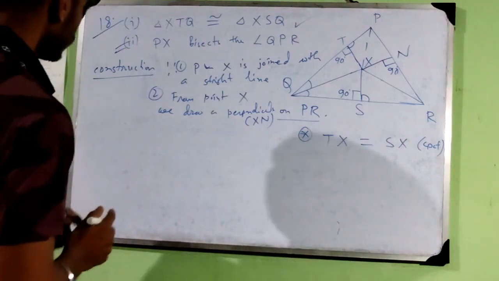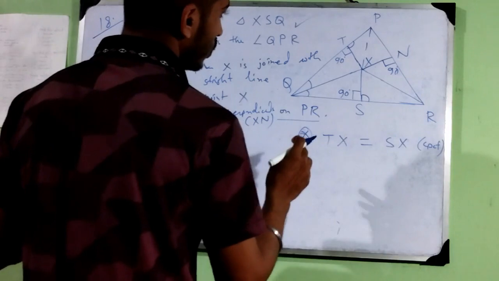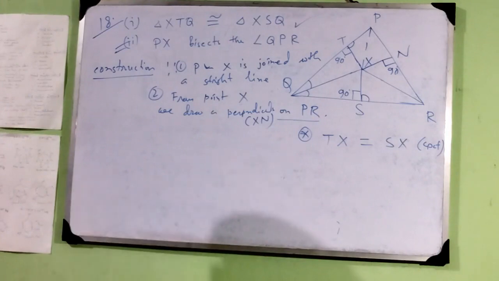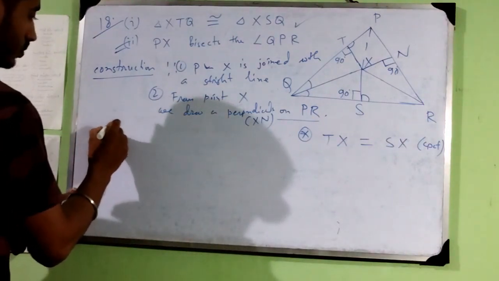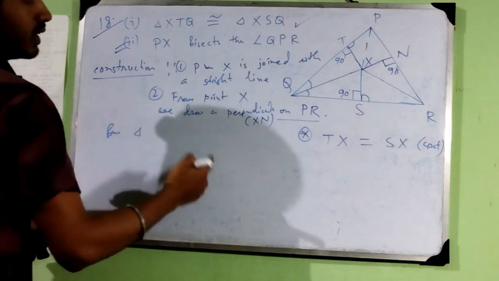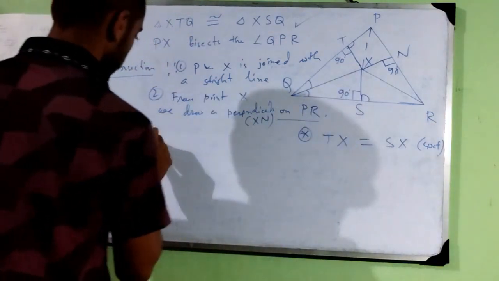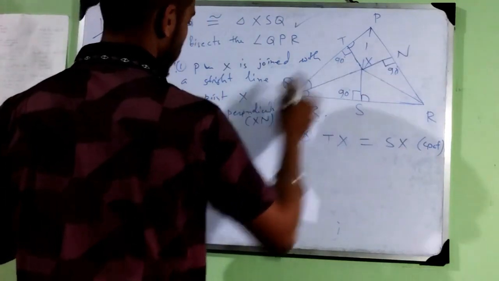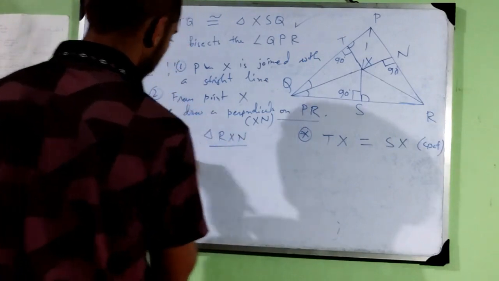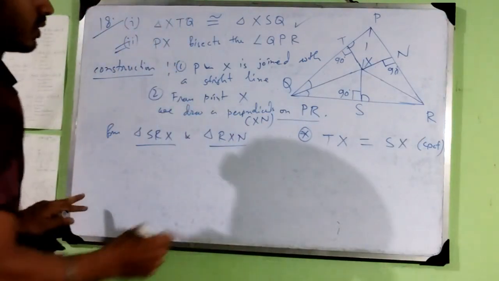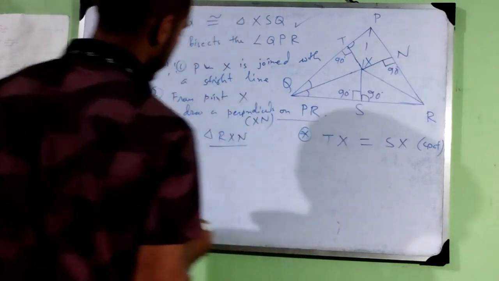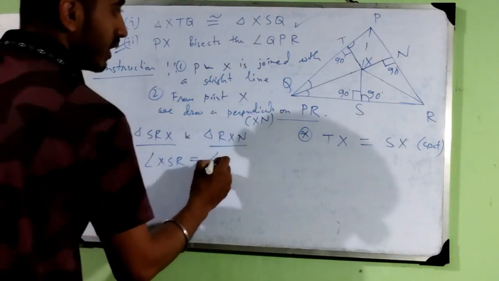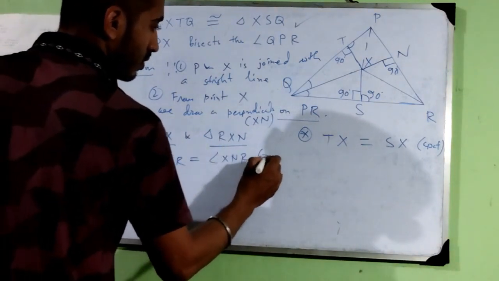Now for doing that we are going to show these two triangles will be congruent again. From triangle SRX and triangle RXN, this is 90 degrees, this is 90 degrees, so angle XSR equals angle XNR equals 90 degrees.